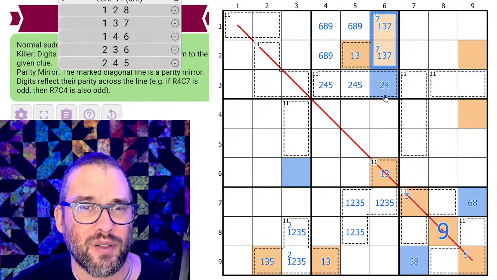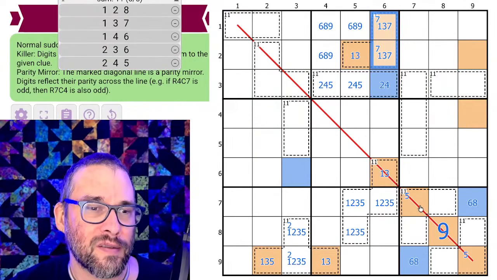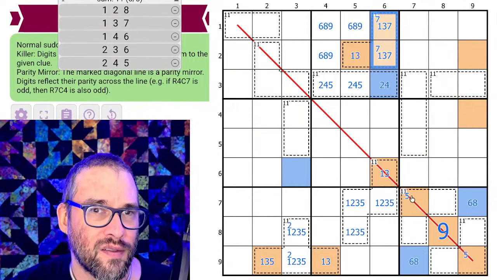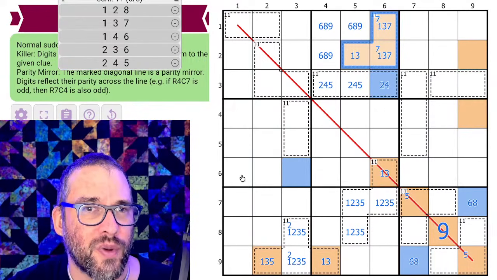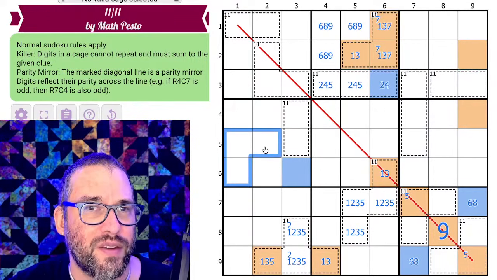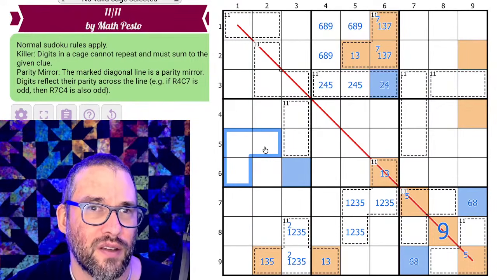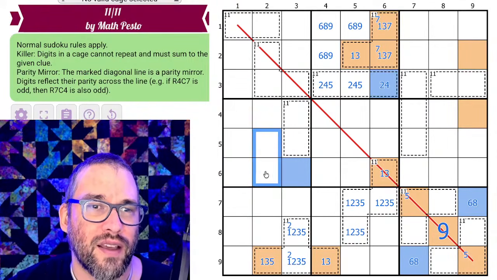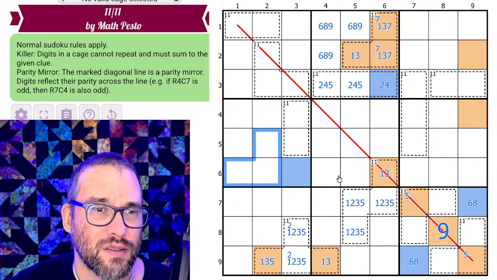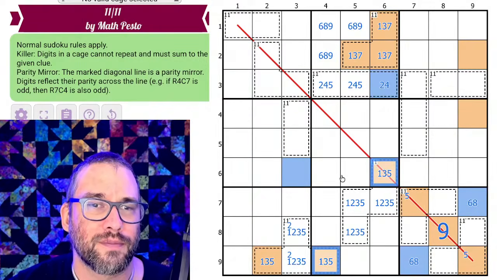So 7 looks down. Yes, these 3 odds correspond to, I believe, these 3 digits, if I'm doing that right. I'm not. It's these 3 digits. Oh, shoot.